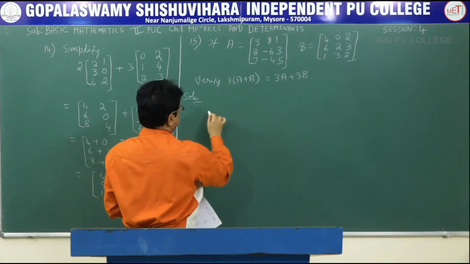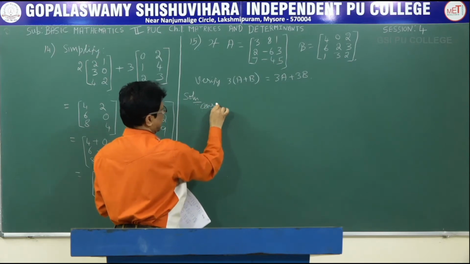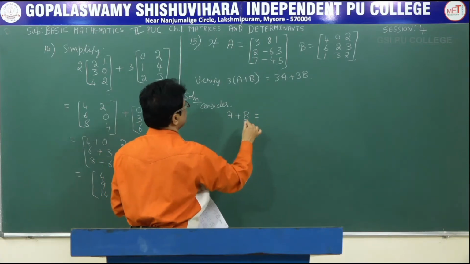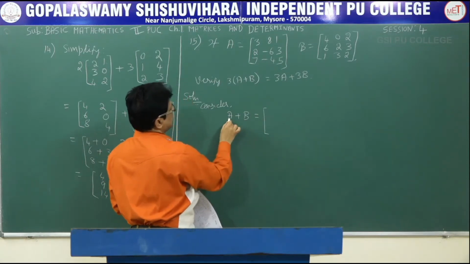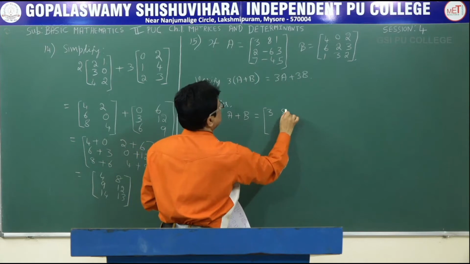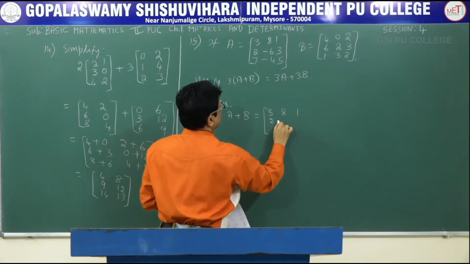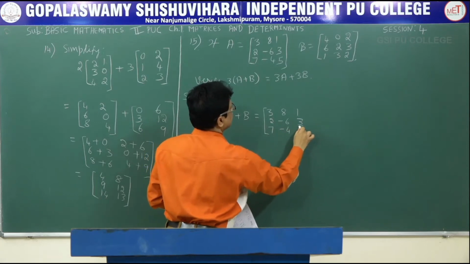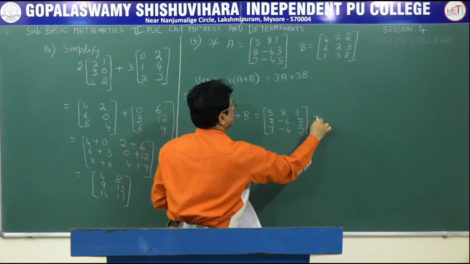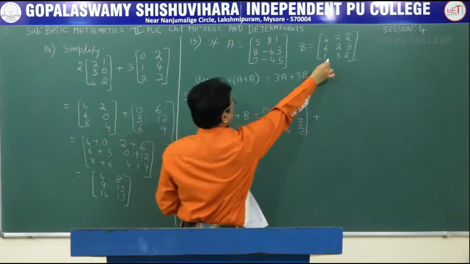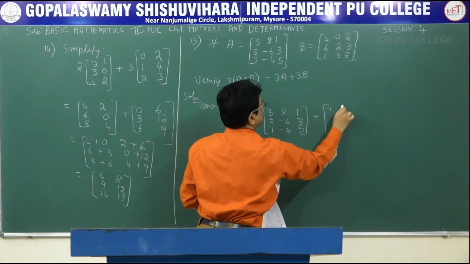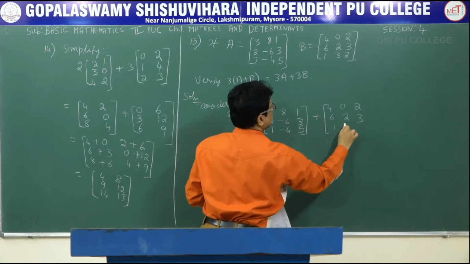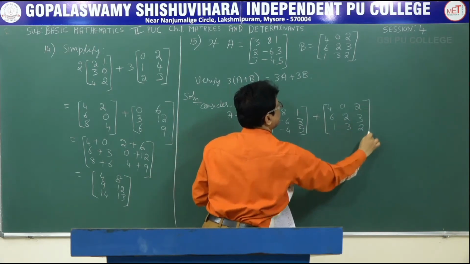First let us find A plus B. We write the first matrix A, [3 8 1; 2 -6 3; 7 -4 5], plus the matrix B, [4 0 2; 6 2 3; 1 3 2].